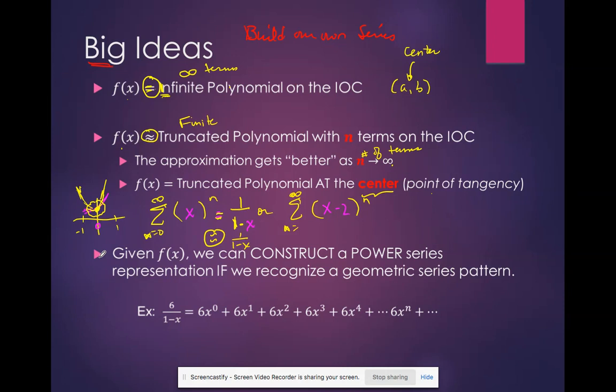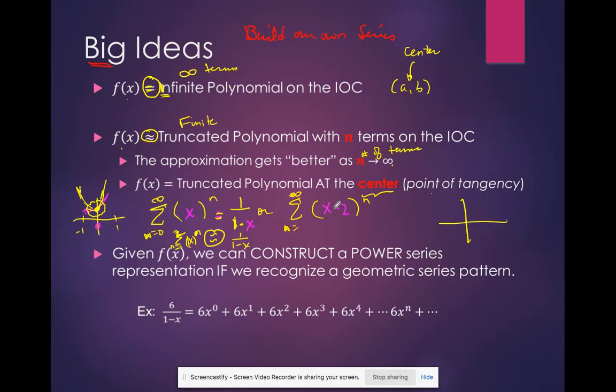Even though I'm supposed to converge on the interval -1 to 1, I'm only going to converge if I have the infinite polynomial. But if I stopped where n is equal to 2, going from n equals 0 to n equals 2 of x to the n, that's not infinite. That is finite. You stop at x to the 0, x to the 1, x squared. That is not equal to 1 over 1 minus x on the interval -1 to 1.